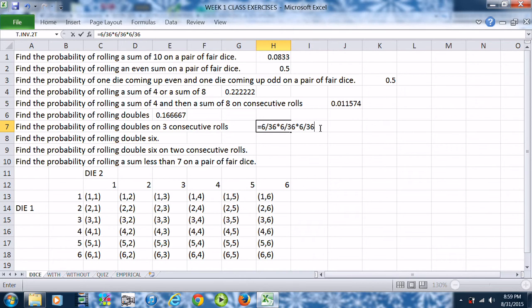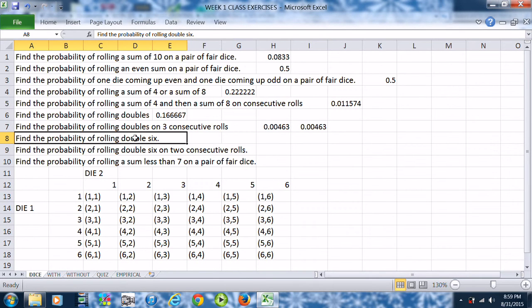So we have 6 out of 36 multiplied by itself 3 times to get 0.00463. We could have also done an exponent. We have, notice, equal open parenthesis, 6 out of 36, close parenthesis, raised to the third power. So 6 out of 36 raised to the third power is 6 out of 36 multiplied by itself 3 times to give us the answer 0.00463 again. So 2 different ways we can do that one.